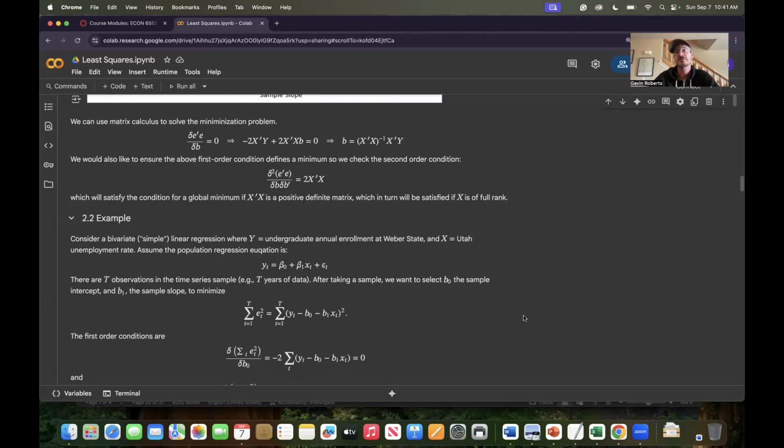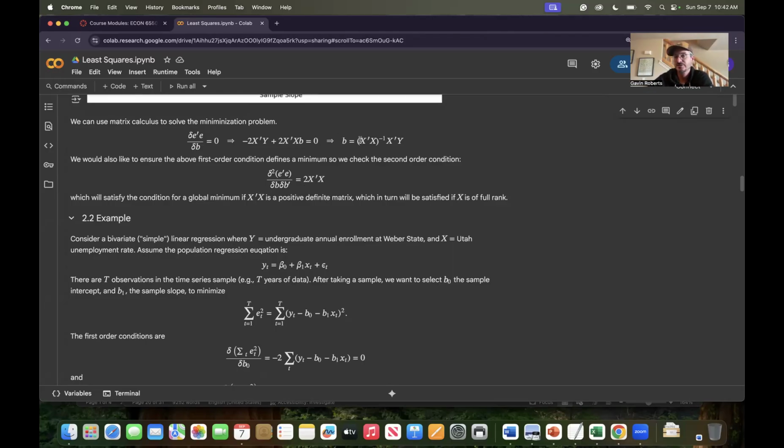As you most likely know from calculus, if we have a maximization or a minimization problem, we can use differential calculus to solve that problem. So if we take the derivative of what we're trying to minimize with respect to our choice variable, B, and set that equal to 0, we should either be at a maximum or a minimum.